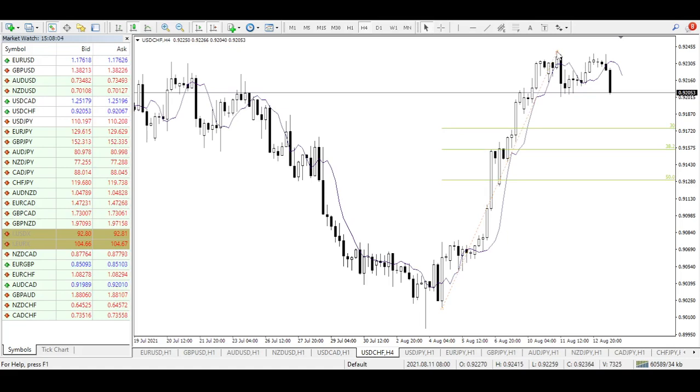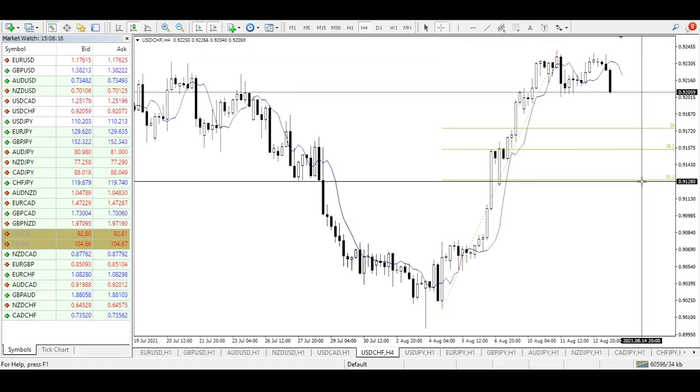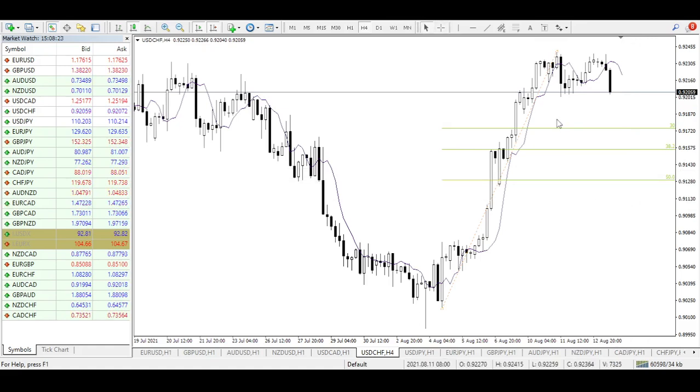Now let's talk about the target of this trade as per this double repo pattern of Jordan Napoli. It will give you a target of 50% retracement of the whole move up, which is here 91289. If we talk about the target of double top, which is still under formation, it will give a different target.